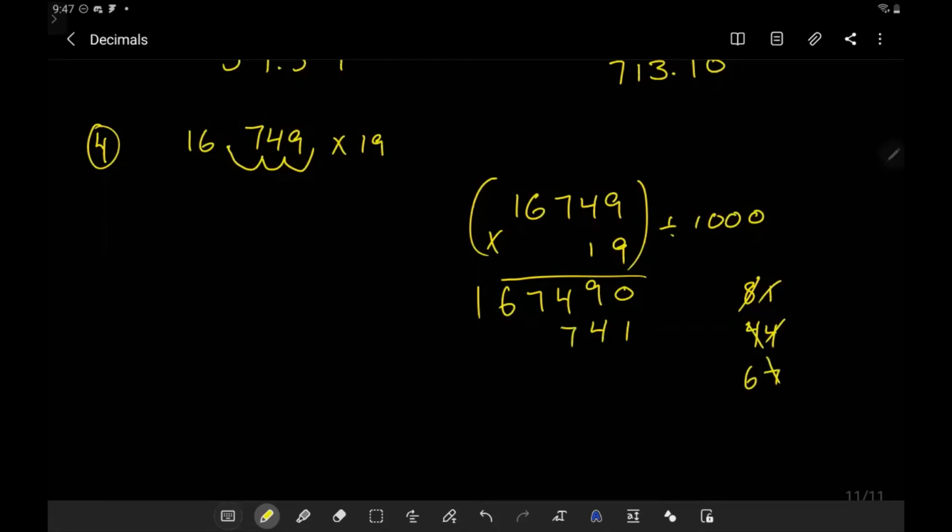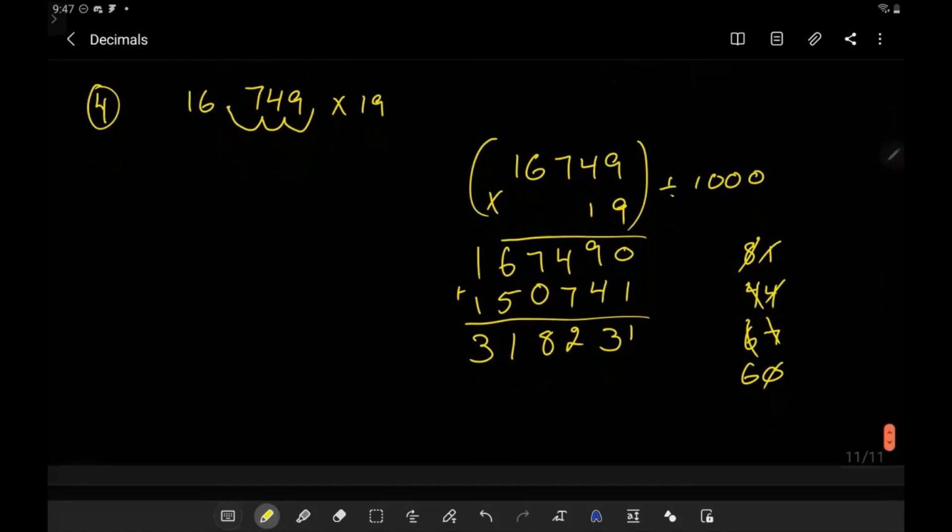You have a 7 here. 9 6s are 54, and 6 is 60. So you have 60 here. 9 1s are 9, and 6 is 15. Adding up, we have 1, 13, 11 and 1 is 12, 7 and 1 is 8, 6 and 5 is 11, 1 and 1 is 2, and 1 is 3.